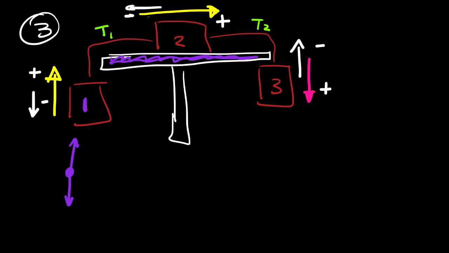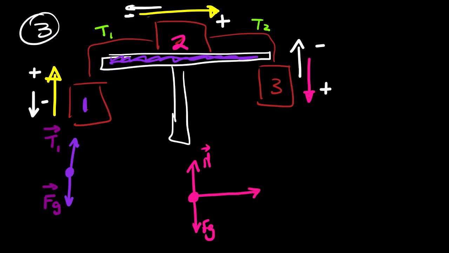So as we have said, we are drawing the free body diagram of 1. Since it goes up will be T1 and then down will be FG. Then looking at the free body diagram of 2, we have normal force, we have FG, it goes to the right due to T2, and then we have T1 in this direction, and then we have FK.